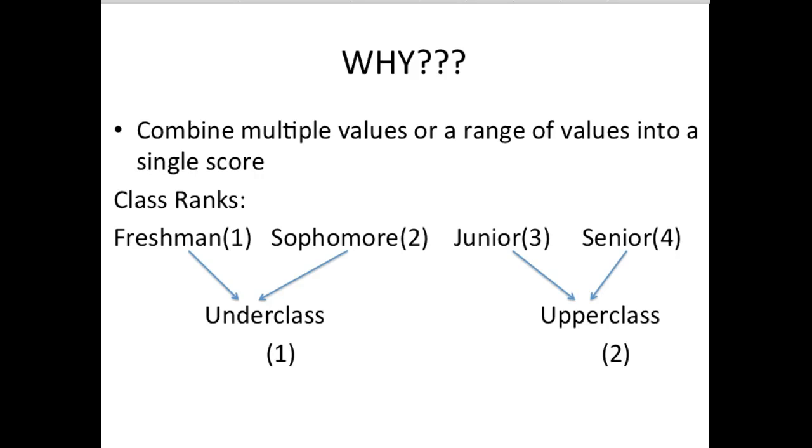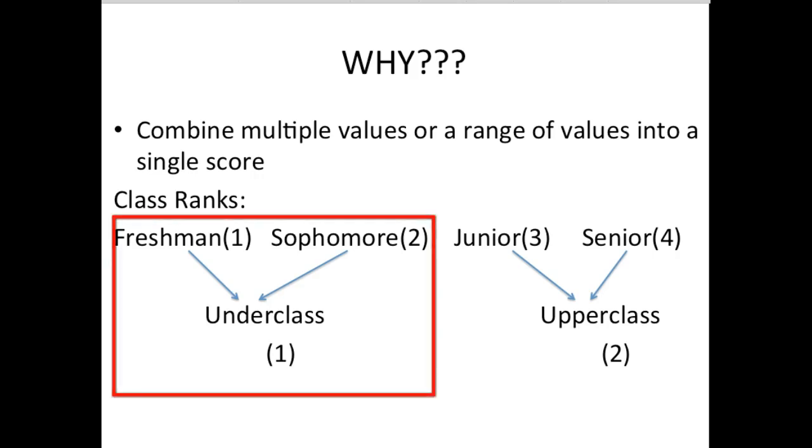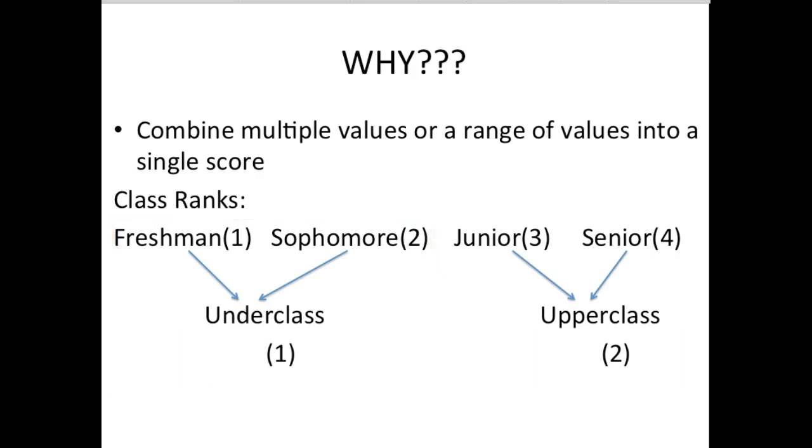Let's say we need to know underclassmen and upperclassmen. You can have SPSS break it into just 2 sets of data, underclassmen and upperclassmen. You can recode. You can combine the freshman and sophomore into one group and call them underclassmen, and you can combine the juniors and seniors into another group and call them upperclassmen. So that's an example of recoding.